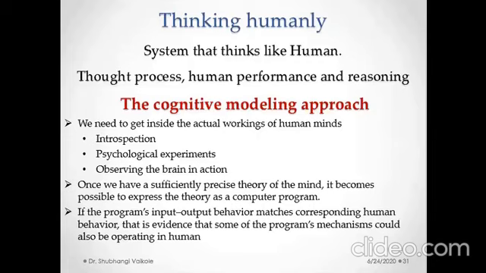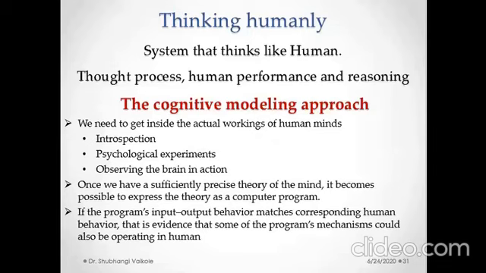For this system, we need to get insight into the actual working of human minds: introspection, psychological experiments, observing the brain in action. Once we have a sufficiently precise theory of the mind, it becomes possible to express the theory as a computer program.